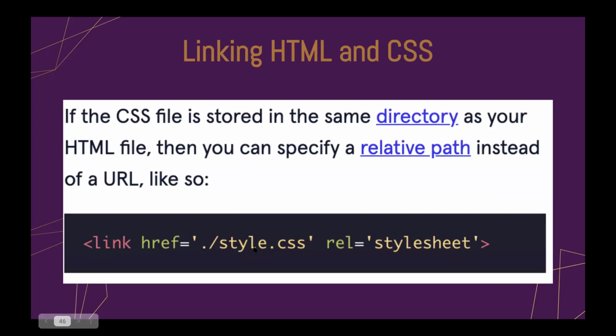You link where the CSS file exists, and rel means relationship. You're basically styling your HTML file. What other relationships are there? I'm sorry, honestly I don't know either. I've never had to do anything more than style sheets. If anyone knows, let me know. I'm not a front-end developer.